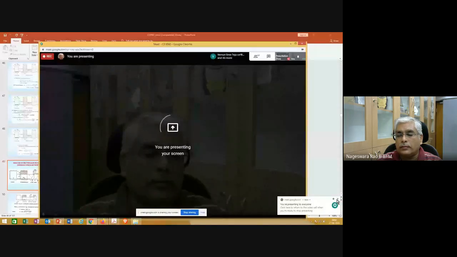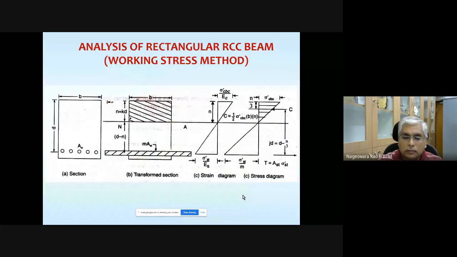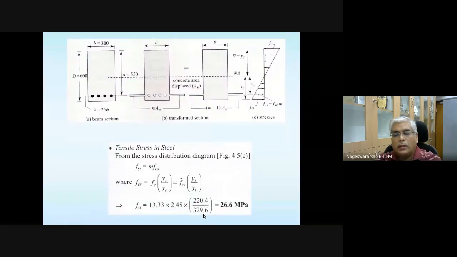Okay, let me recap what we did in yesterday's class. For this kind of section, which is shown in the first figure, we calculated the cracking moment.